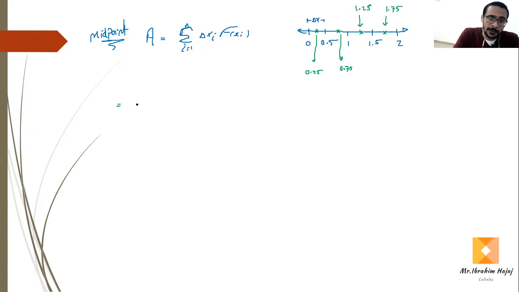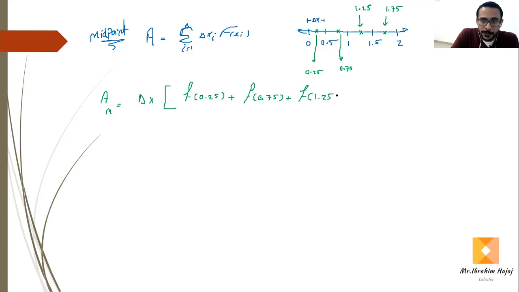Do the same steps again to find your area, but area M means area by using the midpoint rule. It's delta x times f of the midpoints: f of 0.25 plus f of 0.75 plus f of 1.25 plus f of 1.75.